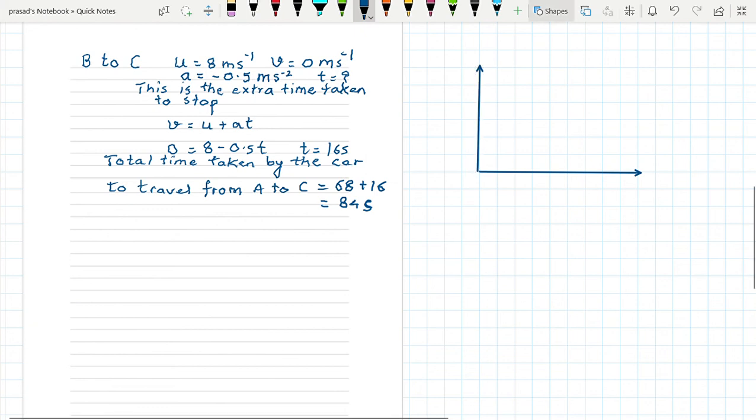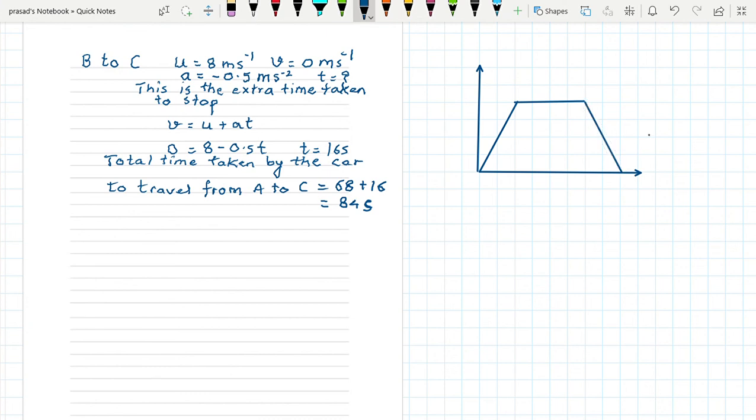So the car has started from rest and has attained the velocity of 16. Then it has maintained the velocity of 16 for next 40 seconds, and then it has decelerated and completely stopped at C.